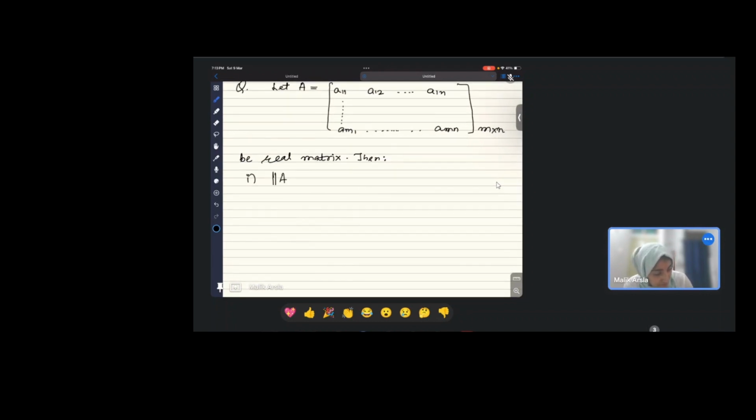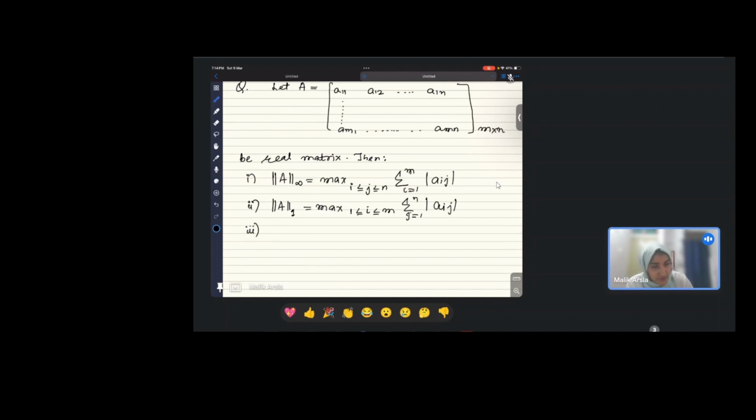The first option is the infinity norm of A is equal to the maximum over j from 1 to n of the summation over i from 1 to m of |aij|. The second option is the 1 norm of A is equal to the maximum over i from 1 to m of the summation over j from 1 to n of |aij|.